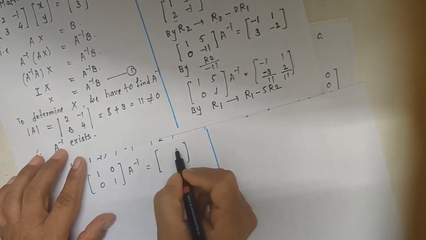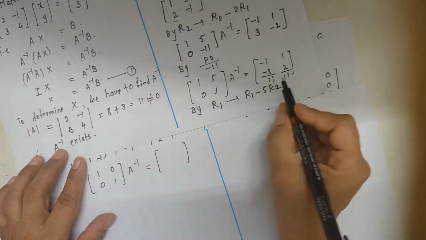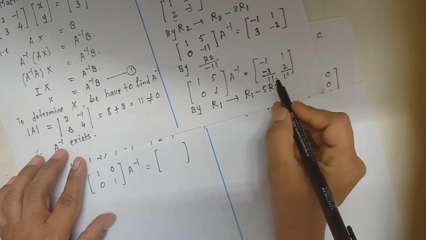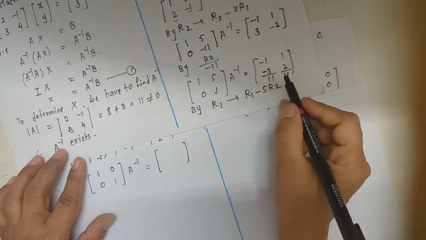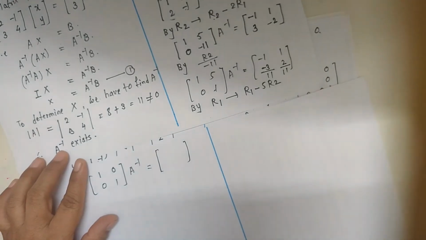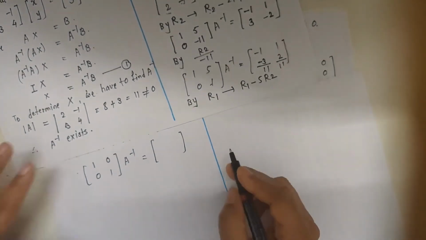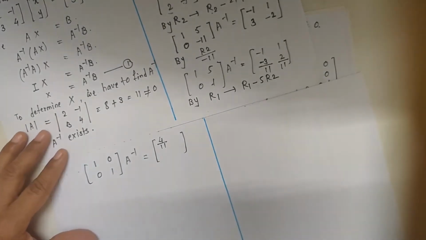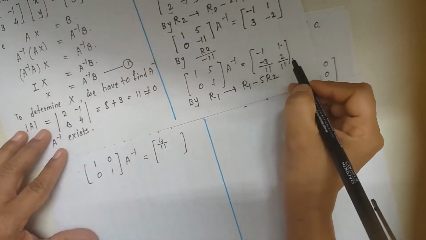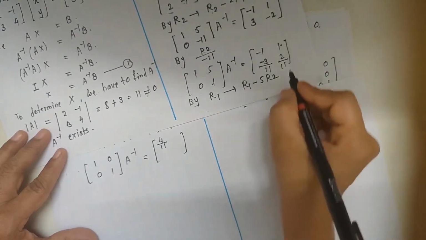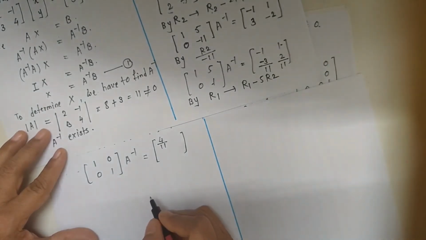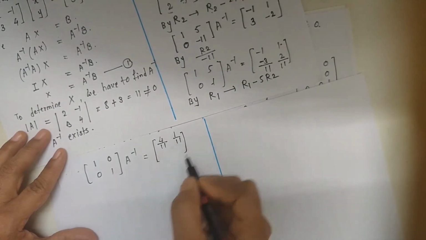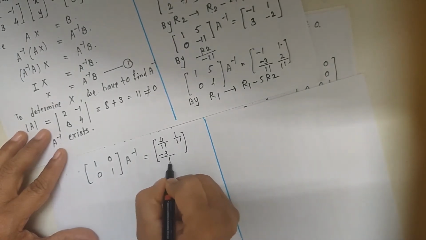Then minus 1, r1 element minus 1 minus 5 into r2 element, we get 4 by 11, and r1 element 1 minus 5 into r2 element 2 by 11, 10 by 11, 1 minus 10 by 11, we get 1 by 11. Second row element remains the same.